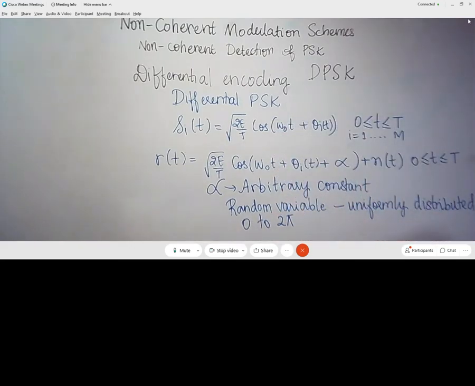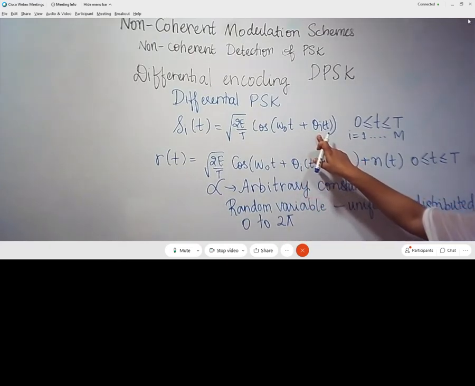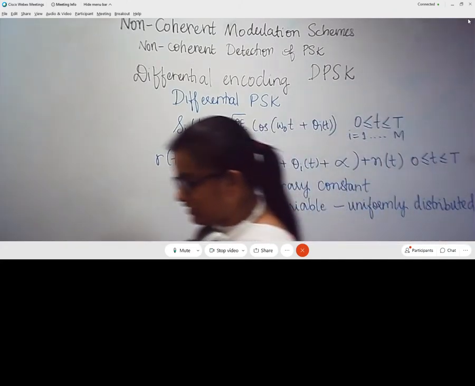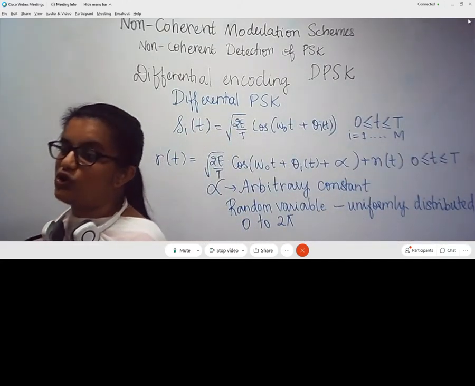Now you see what will happen if the phase varies. I have transmitted a PSK with phase 0 degrees. Now it has got phase shifted by a value alpha, around pi by 2. The entire symbol has changed to some other signal which cannot be reconstructed. So I will not be able to identify the symbol properly when alpha is not known on the receiver side.